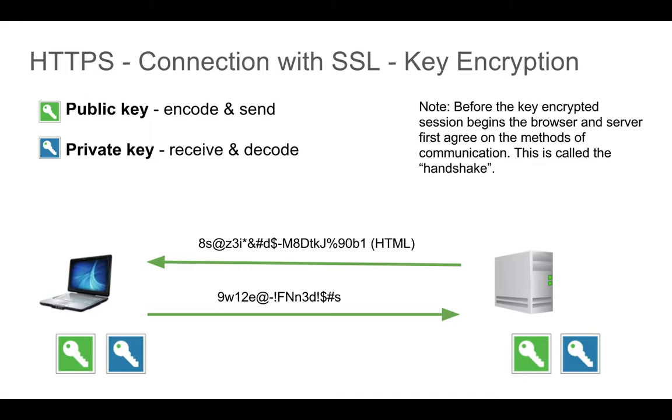But before this session, this two-way encryption begins, the server and the client, the laptop, the browser, agree on a method to communicate. And then it uses a public key and a private key to encode and decode the information.